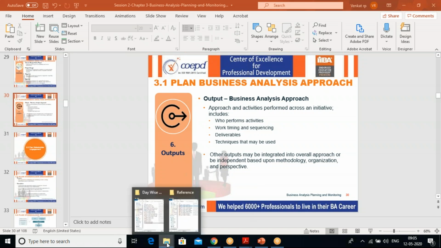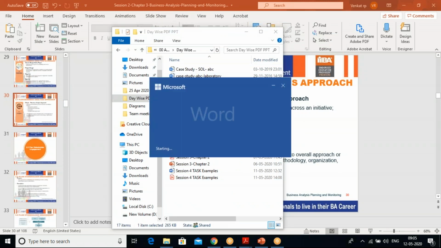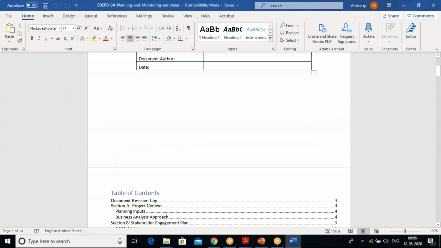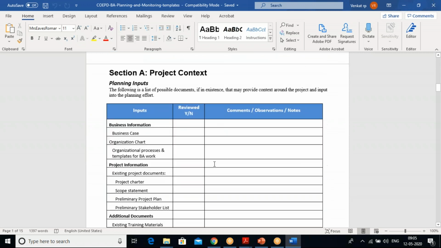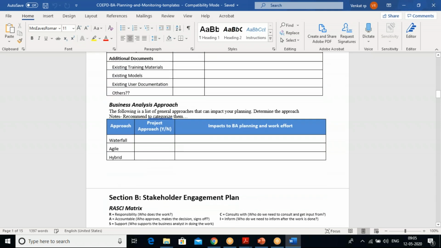For that, the best thing is we will open up this. Yesterday as well I shared and showed you this document, right? Here the business analysis approach, what exactly is considered is what is the approach we are going to take. Is it waterfall? Is it agile? Is it hybrid? Like that.